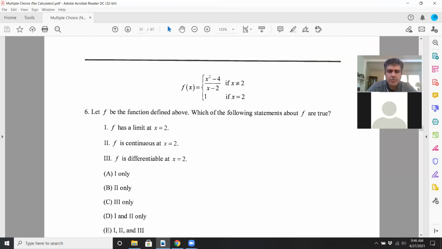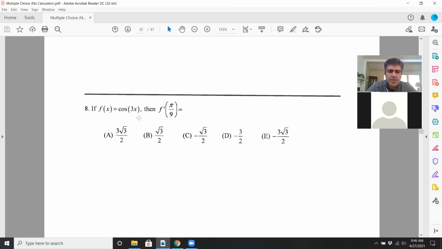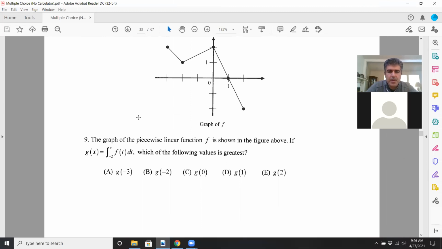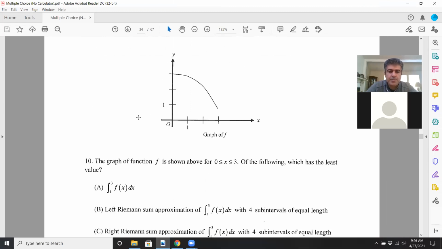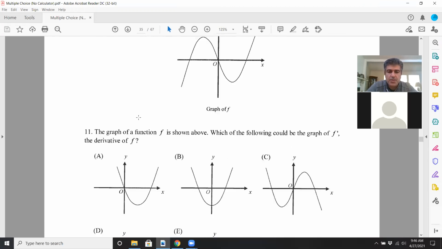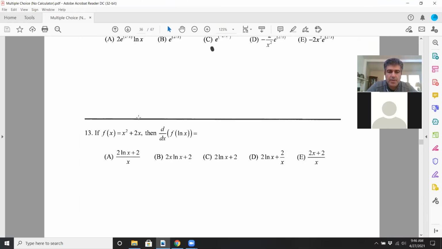Not sure we'll see related rates in here, maybe. Velocity, no derivative. FTC style problem. Riemann sums. Graphing the derivative from the original graph, and vice versa. More derivatives, more derivatives.